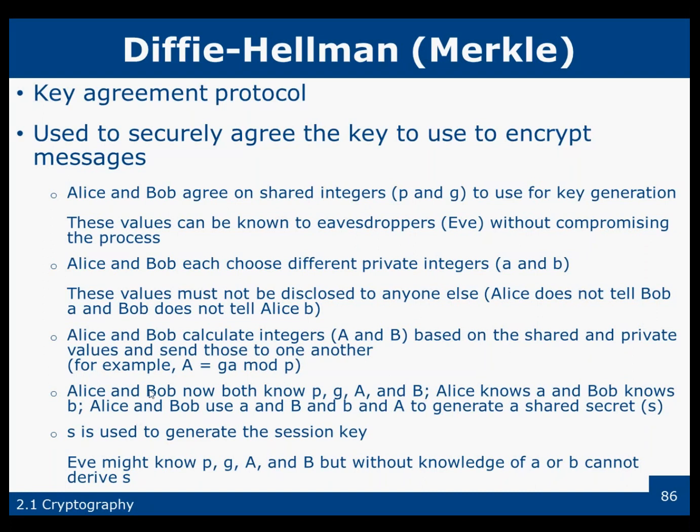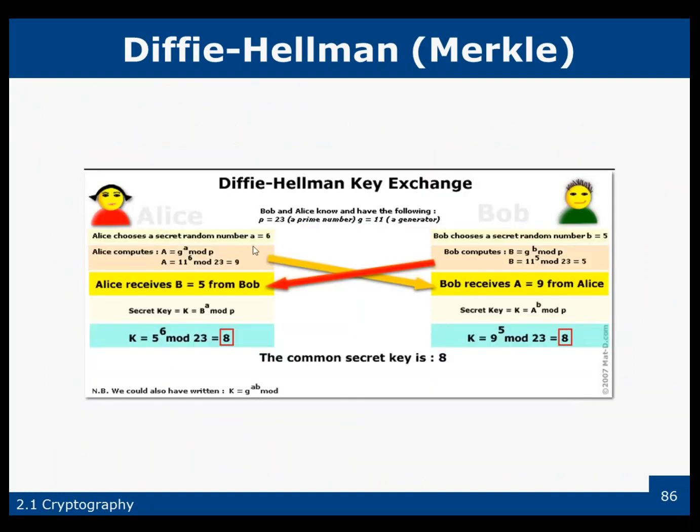Let me go to the picture here. Maybe it'll make some sense. So we have Bob and Alice here, and they pick P and G. P is a prime number and G is the generator. Alice chooses a secret random number, A equals 6, and Bob chooses a random number, B equals 5.